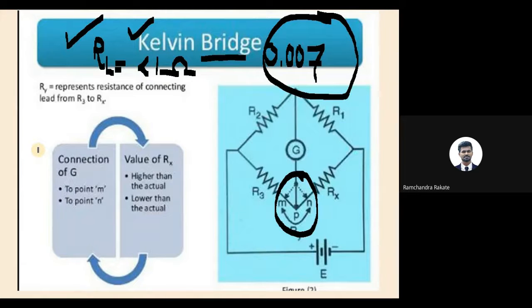Sometimes we call it the Kelvin bridge, sometimes the Kelvin double bridge. It is a simple modified version of the Wheatstone bridge, which can measure resistance in the range of 1 ohm down to, I'll write it down here, 0.1 micro ohm. You just need to check how accurate it is.